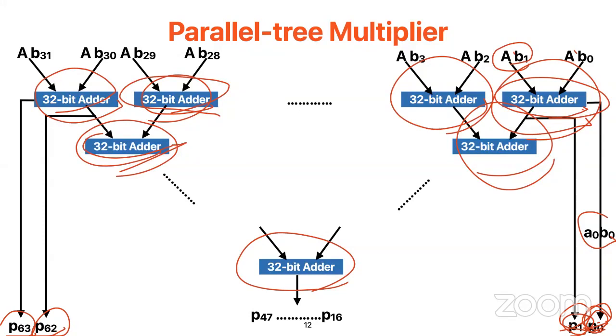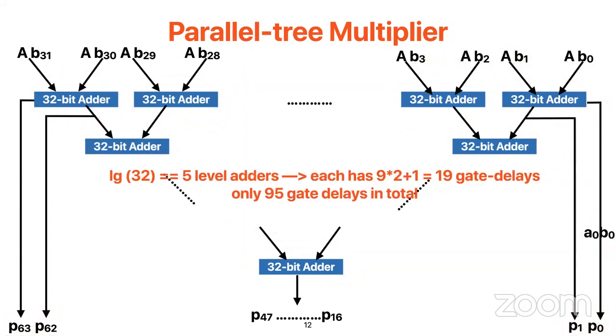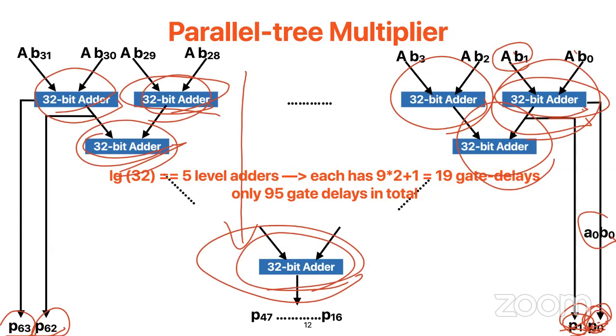If you are willing to put more gates in the adders, what you get in return is lower latency. If you want to build a tree of 32-bit adders, you organize them as a binary tree, and it turns out that you only need 5 levels of adders, and each adder has 19 gate delays.